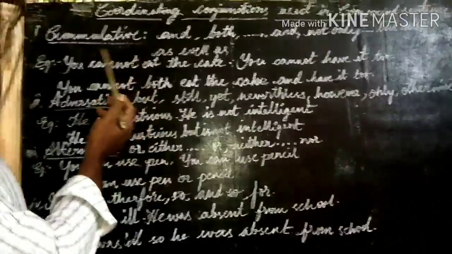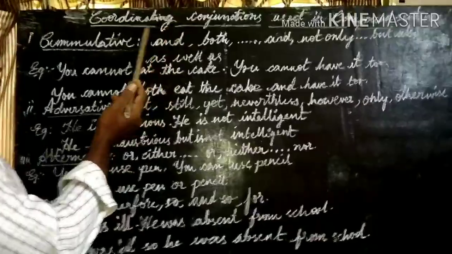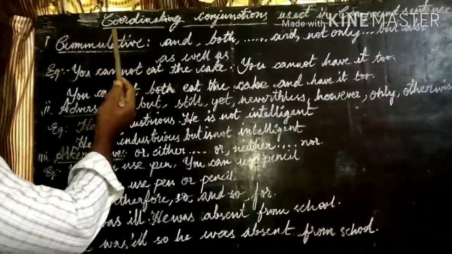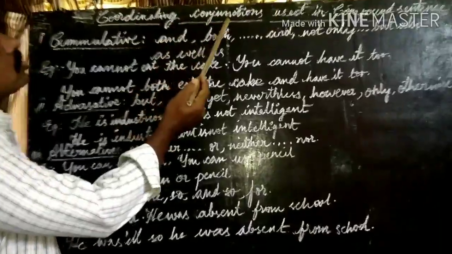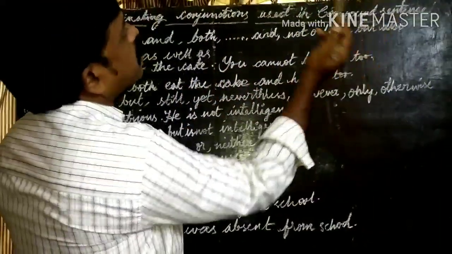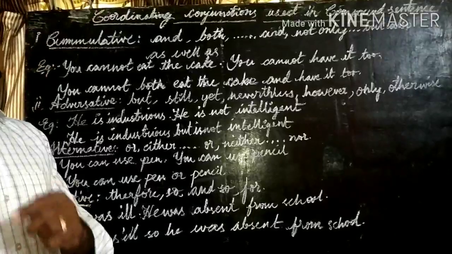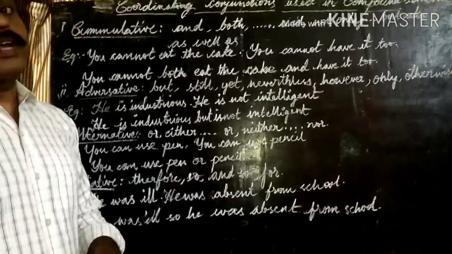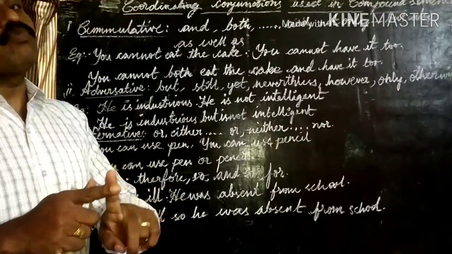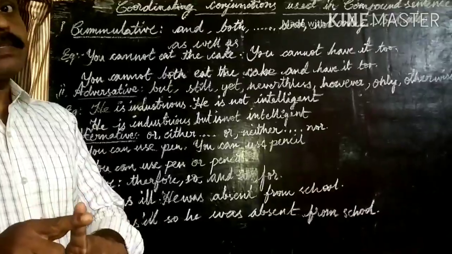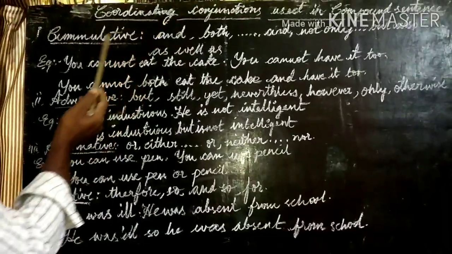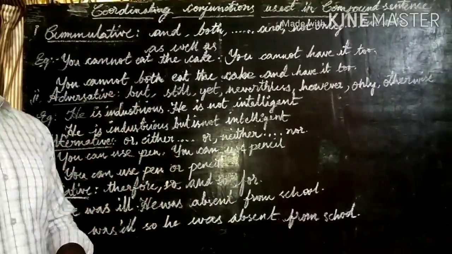Here is a list of coordinating conjunctions used in compound sentences. Friends, you have already learned that the conjunctions which are used to join two main clauses to form compound sentences are called coordinating conjunctions, right? Here is a list of coordinating conjunctions.